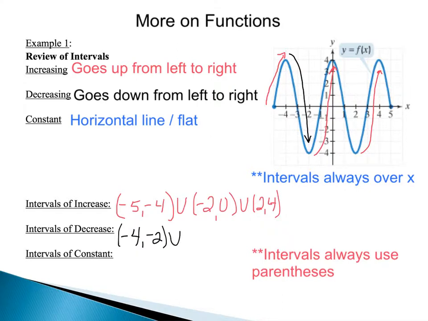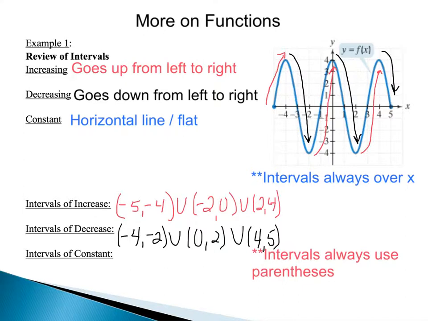Let's see where else we're decreasing. So we're decreasing, I would say, from x equals 0 to x equals 2. And then we are decreasing again one more time from x equals 4 to x equals 5. And again, just make sure that we're using the parentheses with that open interval.